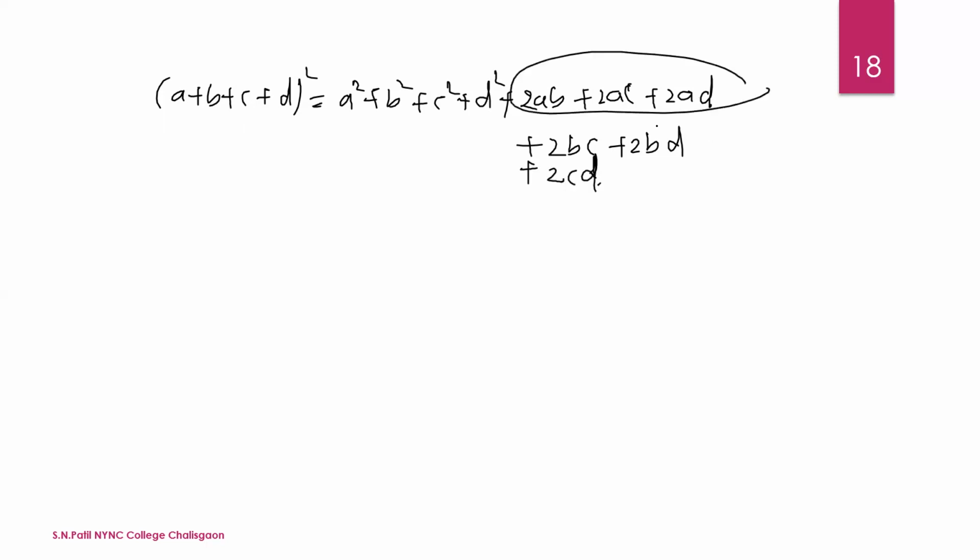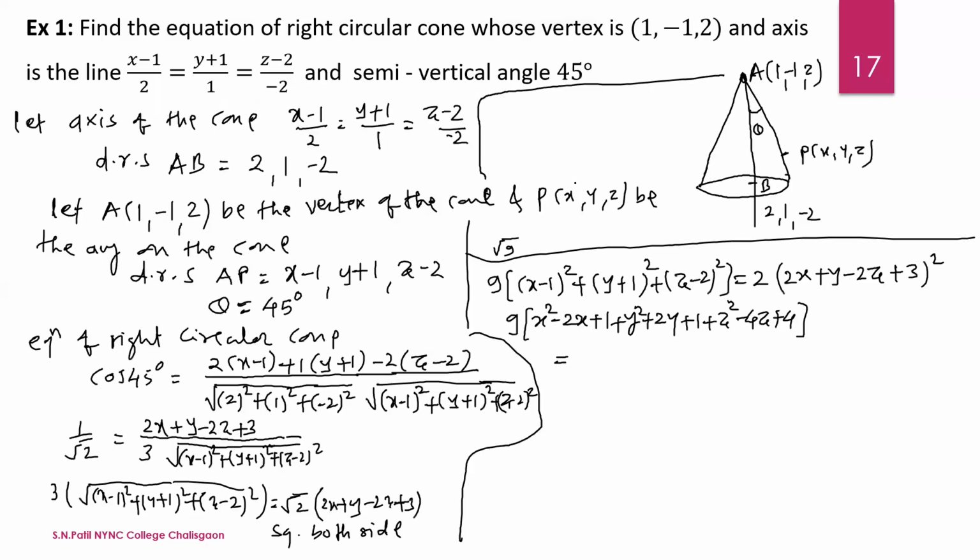Okay, so here 3 terms, here 2 terms, here 1 term. Now see here, this is a, b, c and d. So simplified, keep 2 as it is. Now here 4x square plus y square plus 4z square plus 9.